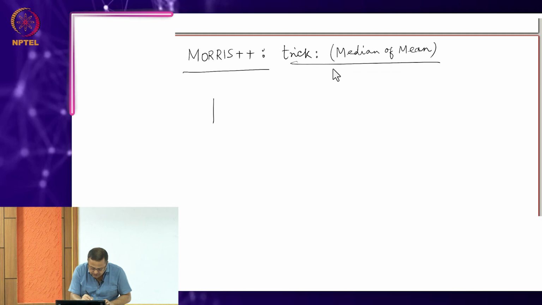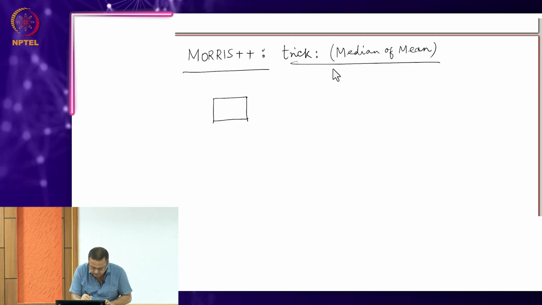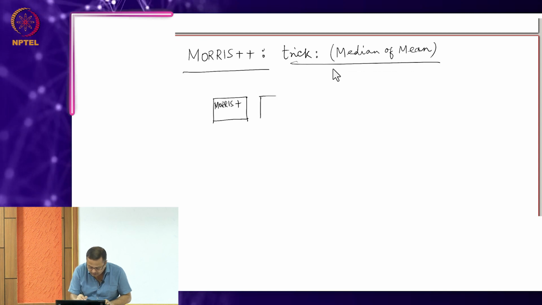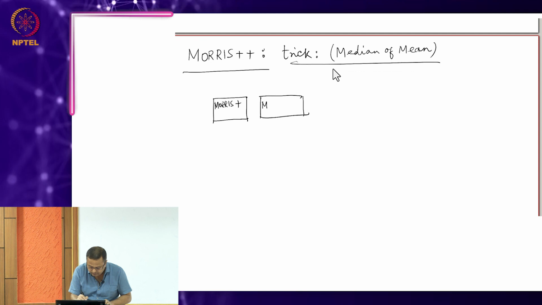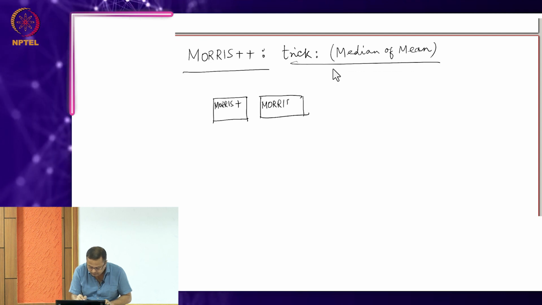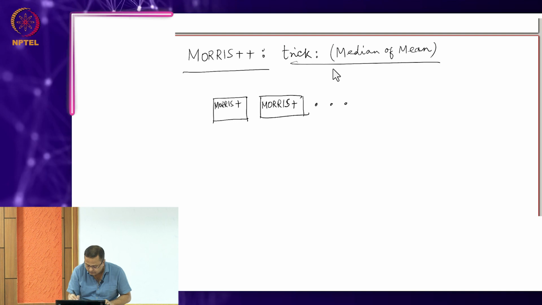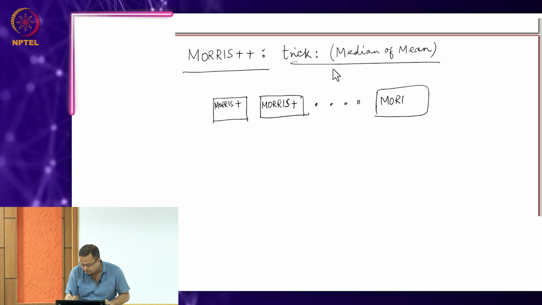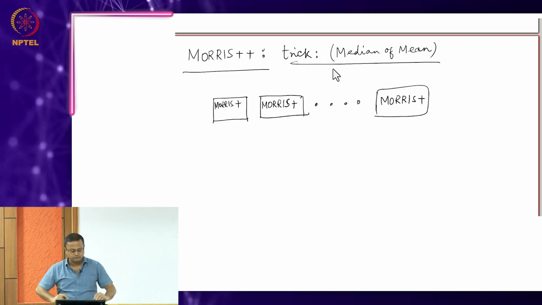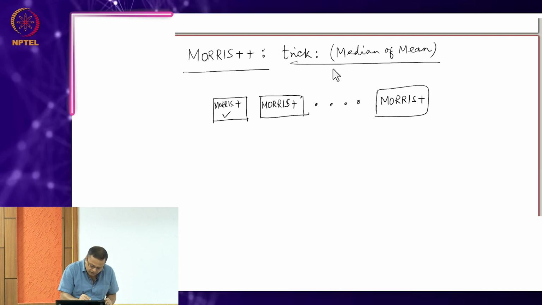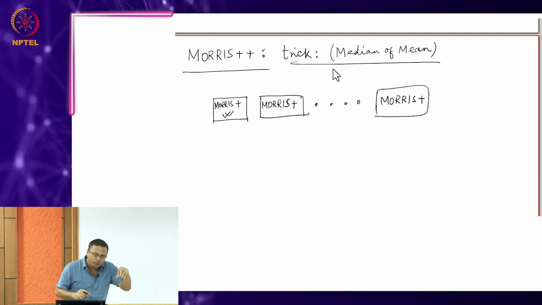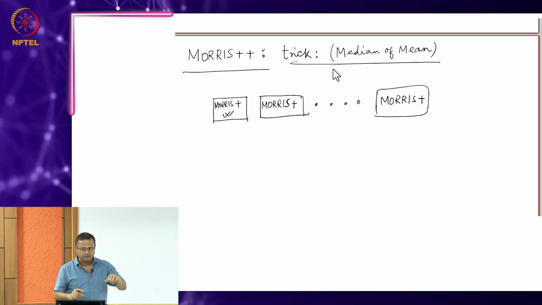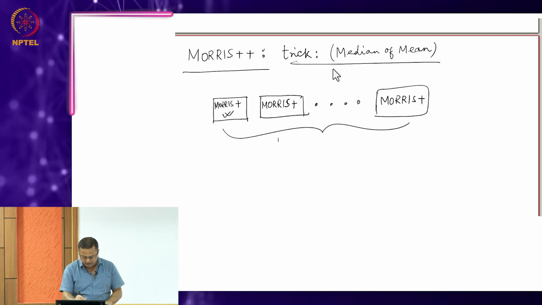So what you now have is these Morris pluses. Each one of these bunches has S Morris sitting inside it. Say there are T independent copies.